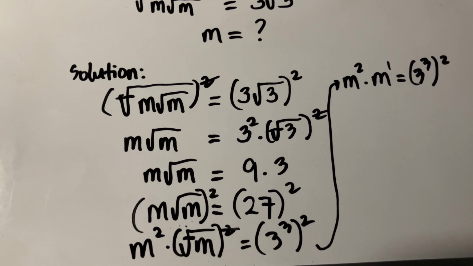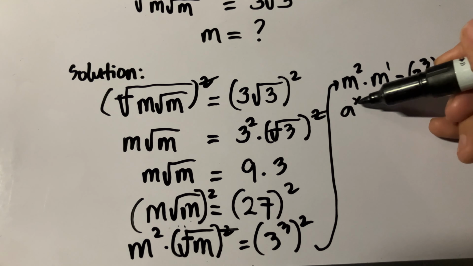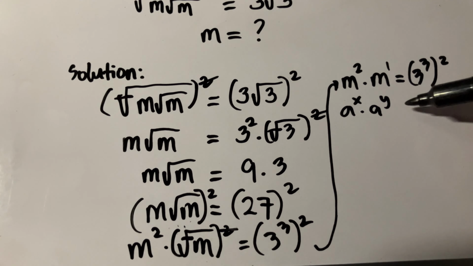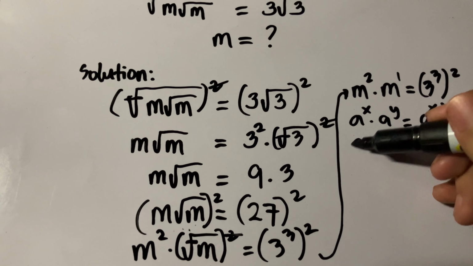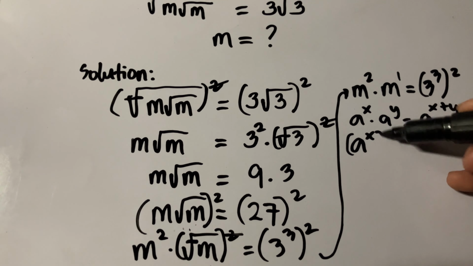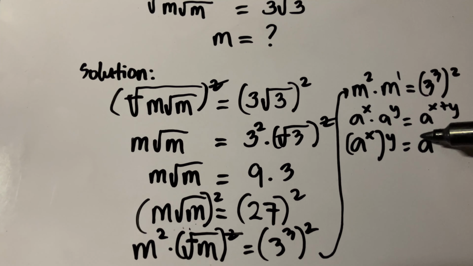Now let's apply this rule of a power. We have a to the power of x times a to the power of y, which is equal to a to the power of x plus y. Another is a to the power of x whole to the power of y, which is also equal to a to the power of y whole to the power of x.